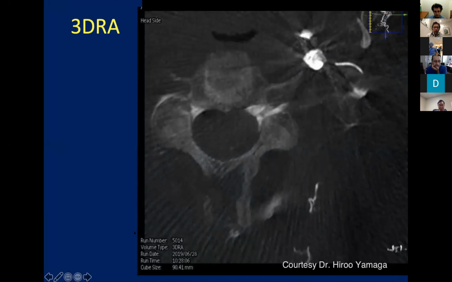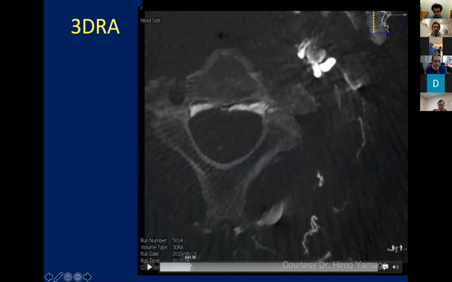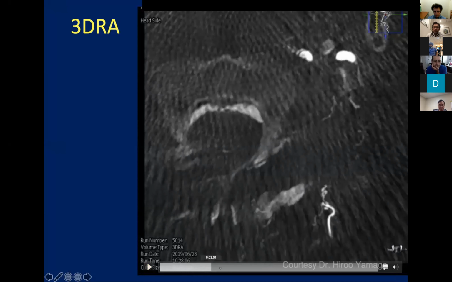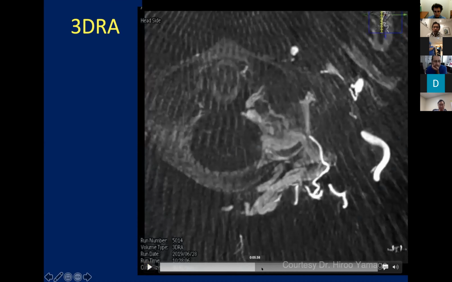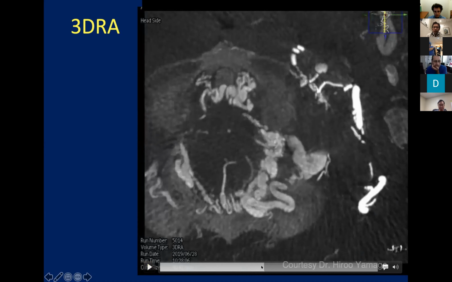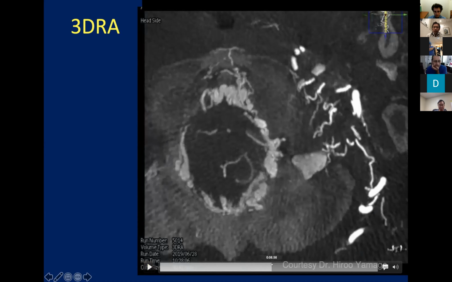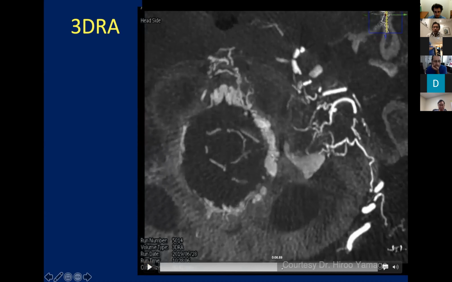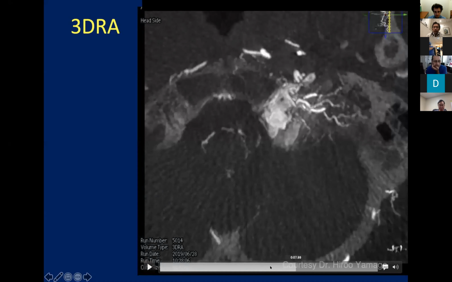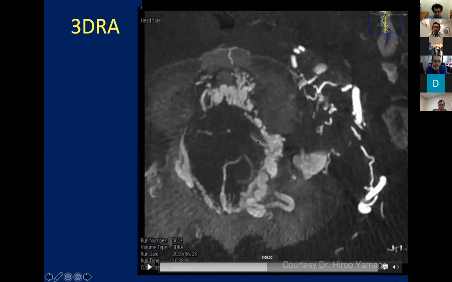We look at the source image of this angio. So, okay, here it is. You can see this running into the veins of the medulla, and there's also another one bridging, I think, laterally over here.